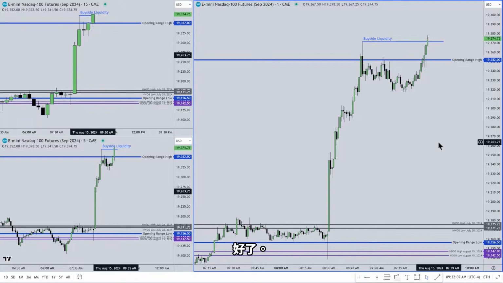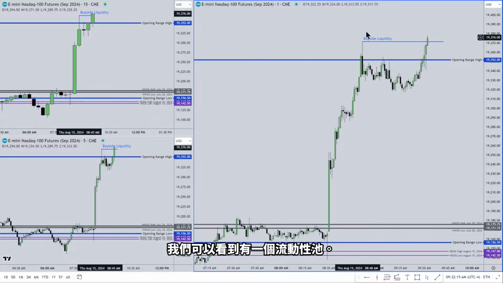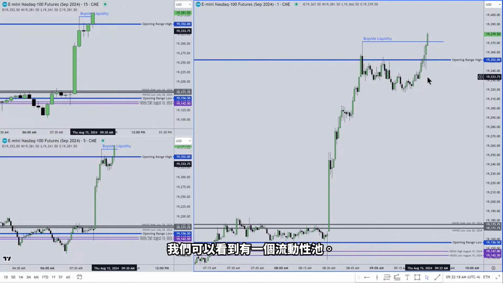There you go. So that's one of those really easy bread and butter setups where you can see that there's a pool of liquidity. They're gonna feed.